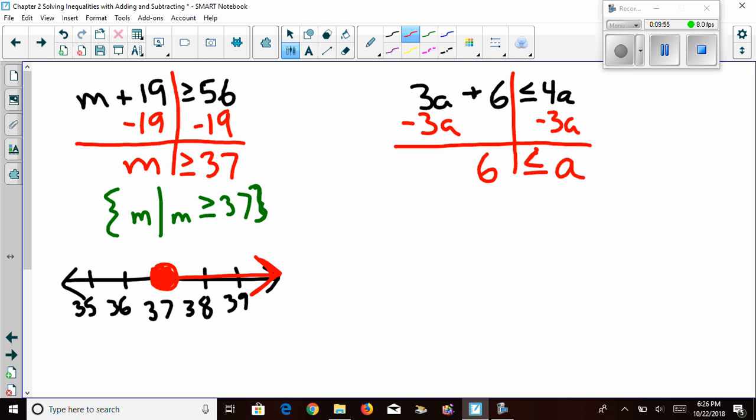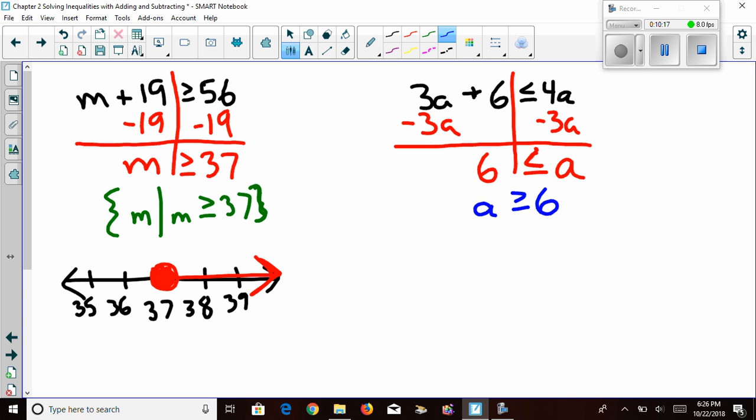Now I need to ask myself, is my letter on the left side? Since it is not, I'm going to go ahead and write it on the left. Since it was 6 is less than, the 6 still needs to be smaller, so a is greater than or equal to 6.